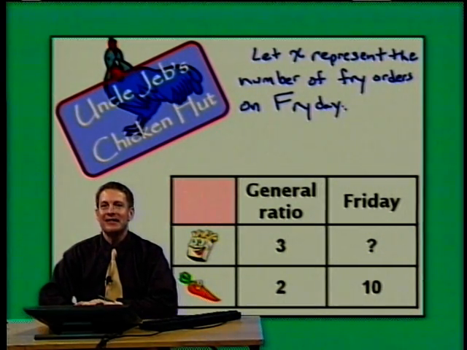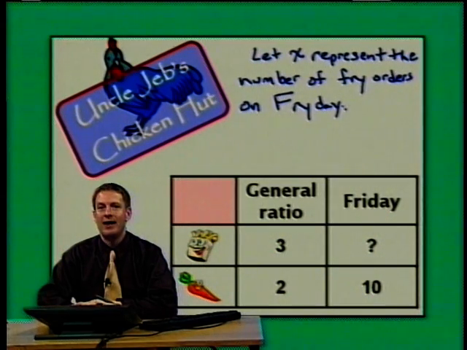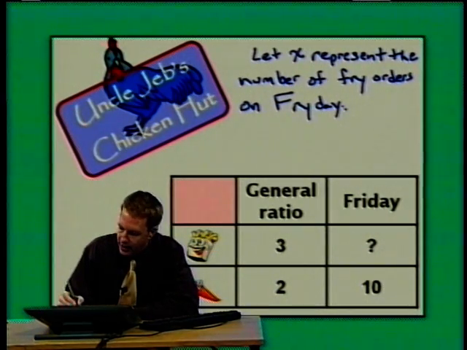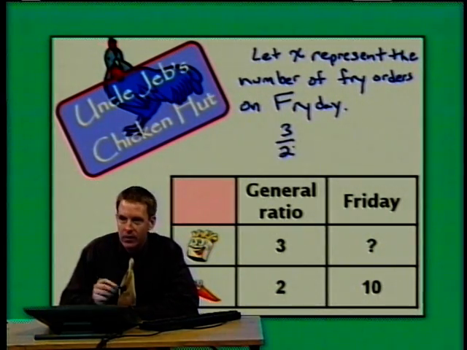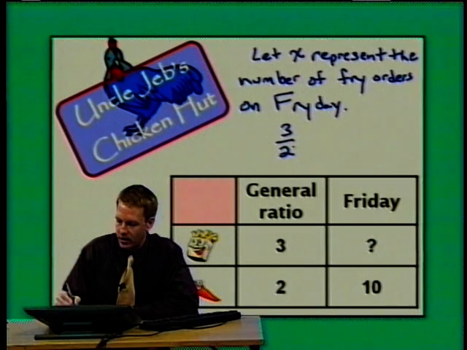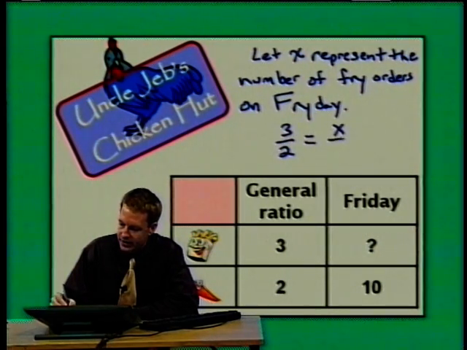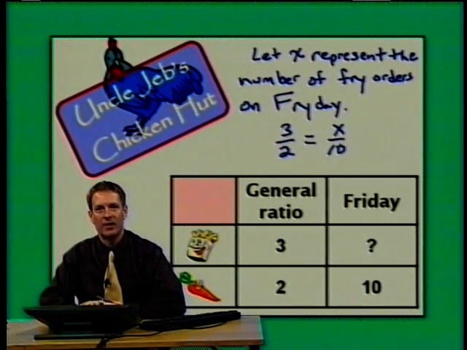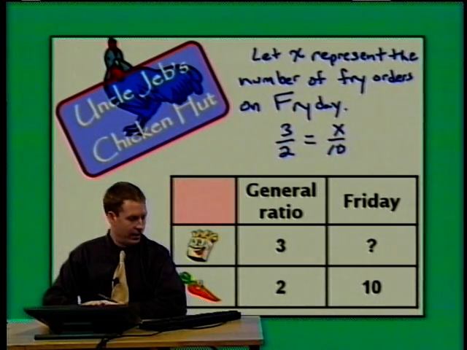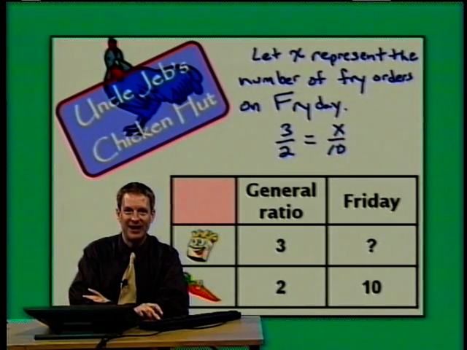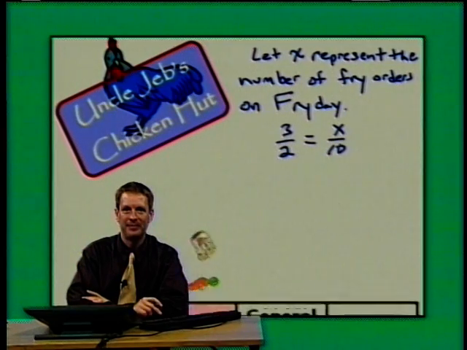So since our general ratio and the ratio on Friday are equal to each other, we can set up a proportion that 3 over 2, the fry orders to the carrot stick orders, equals x over 10, the fry orders to the carrot stick orders. Now, I think I better get my table out of the way so I can finish up this problem.